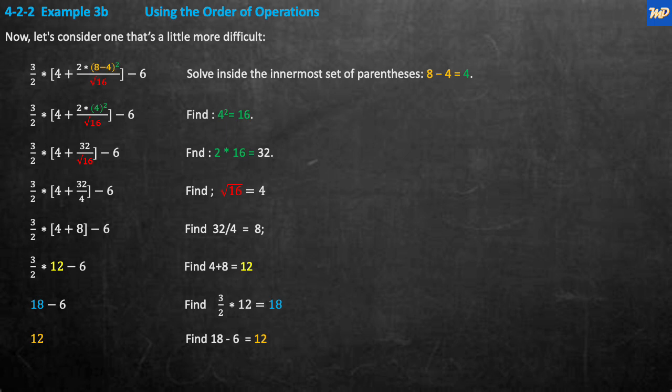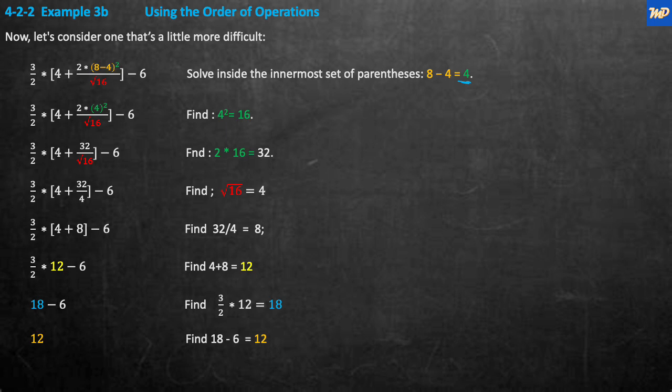So as we start looking through it, we're going to take the 8 minus 4, and we're going to solve that by saying that 8 minus 4 is equal to 4. So then we can replace this inside the parentheses here with a 4.